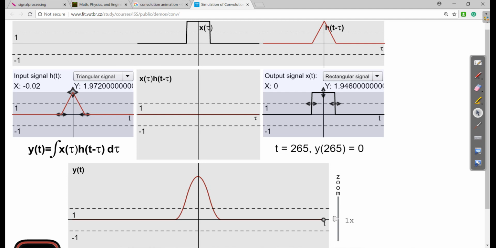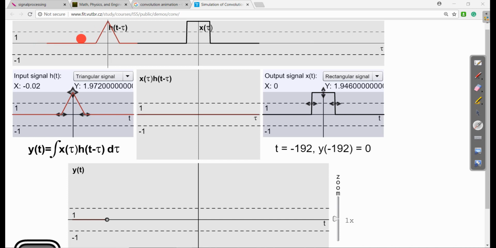If I'm starting this, you can see that here the signal is sliding. We have flipped it, now we are shifting it. Now as we shift here, we multiply, and this is the result of multiplication here. After multiplication, we are simply adding them all together. So the result of adding is this one that you are seeing here, y of t.